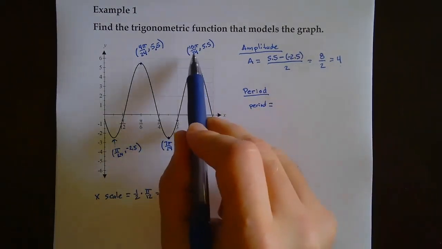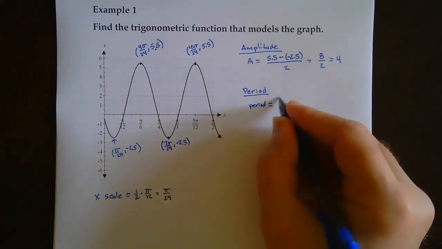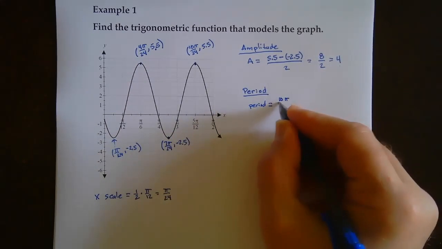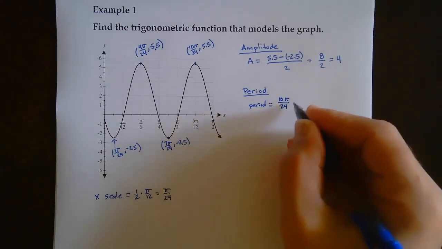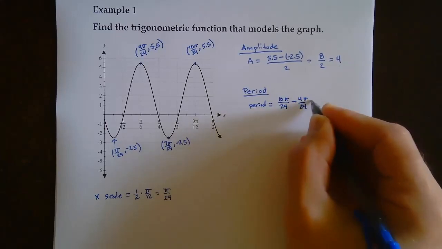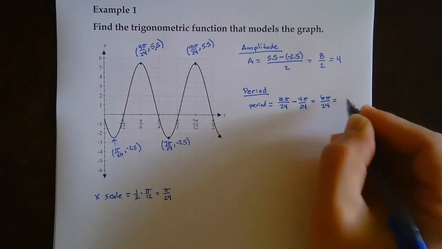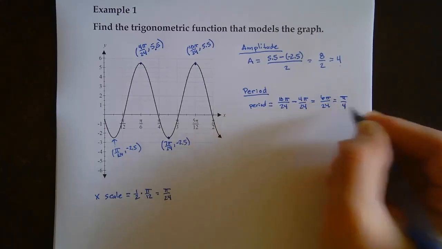So max to max, okay, we're going to take 10 pi over 24 minus 4 pi over 24 because that's the horizontal distance it takes to repeat. So 10 pi over 24 minus 4 pi over 24. That would give you 6 pi over 24, which is pi over 4.